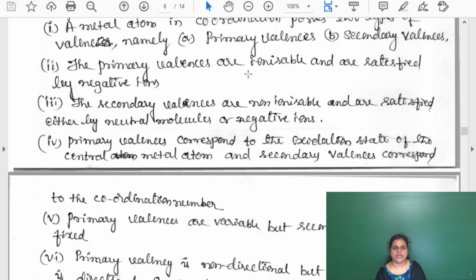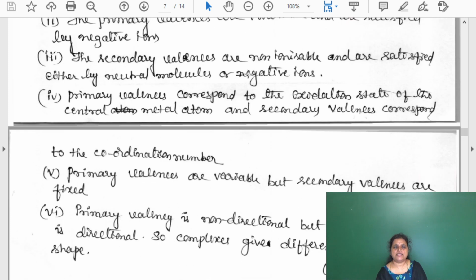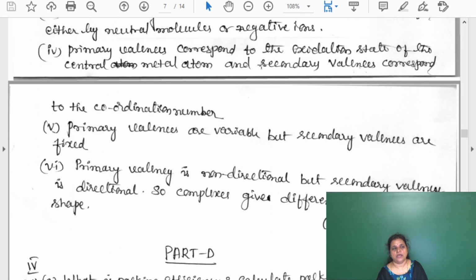The primary valencies are ionizable and are satisfied by negative ions. Secondary valencies are non-ionizable and are satisfied either by neutral molecules or negative ions. And the fourth one is: primary valencies correspond to the oxidation state of the central metal atom, and the secondary valencies correspond to the coordination number.